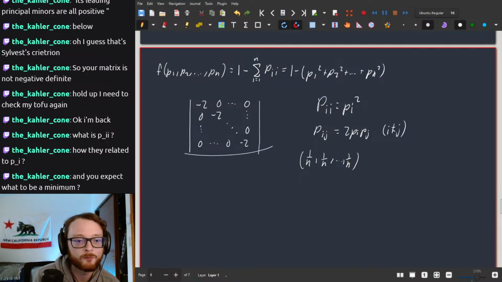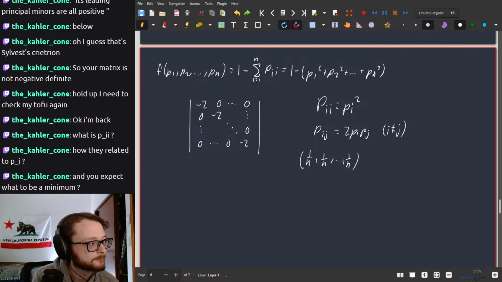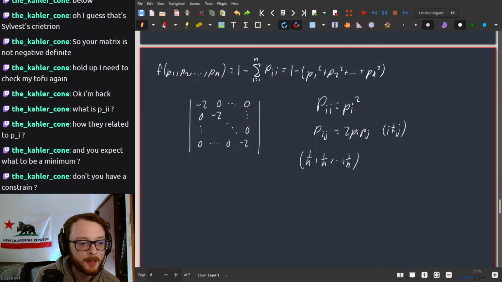And so I was trying to use the Hessian to prove that it's a maximum, but that's the part that's not working out. Yeah, no, it just seems like an interesting linear algebra, multivariable calculus kind of question.